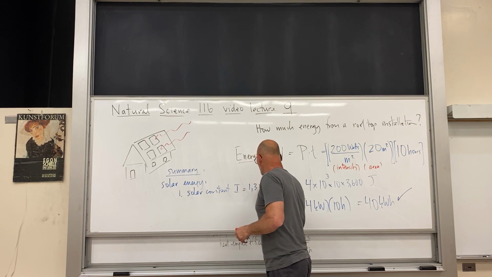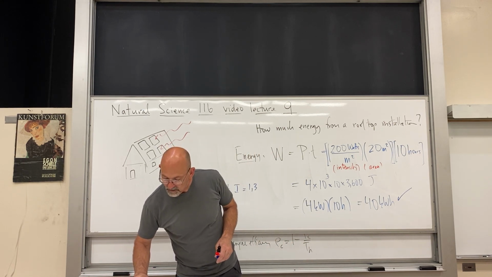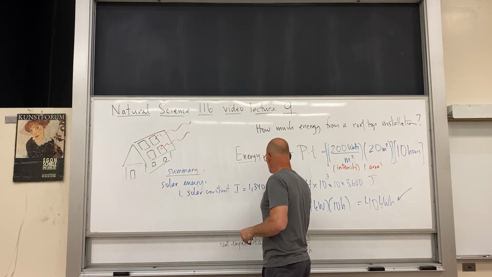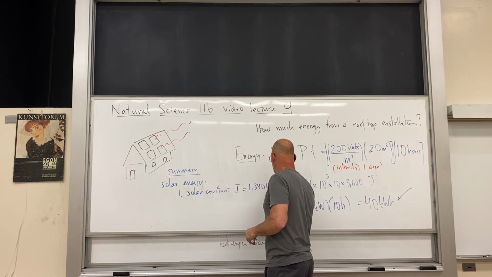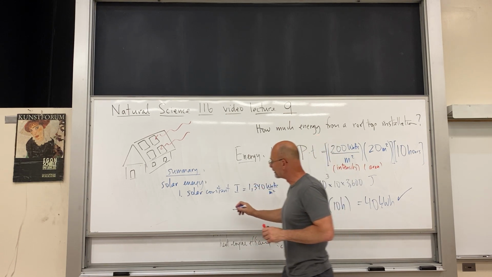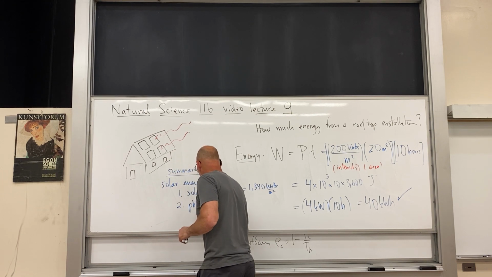This is the pure one, 1,340. Did I write 40 or 60? I don't even know. We'll say 40 watts per square meter. Okay, so we have the solar constant and how it's measured. Then we have the photovoltaic cells.